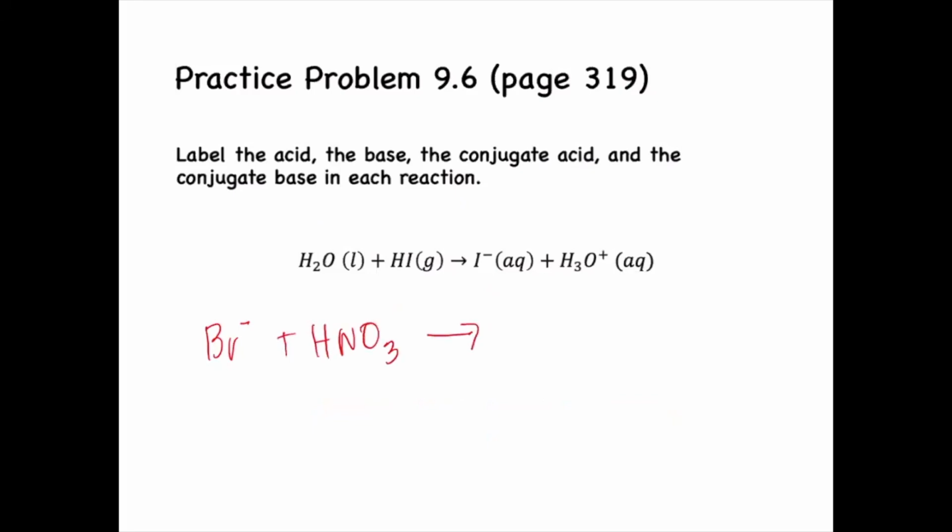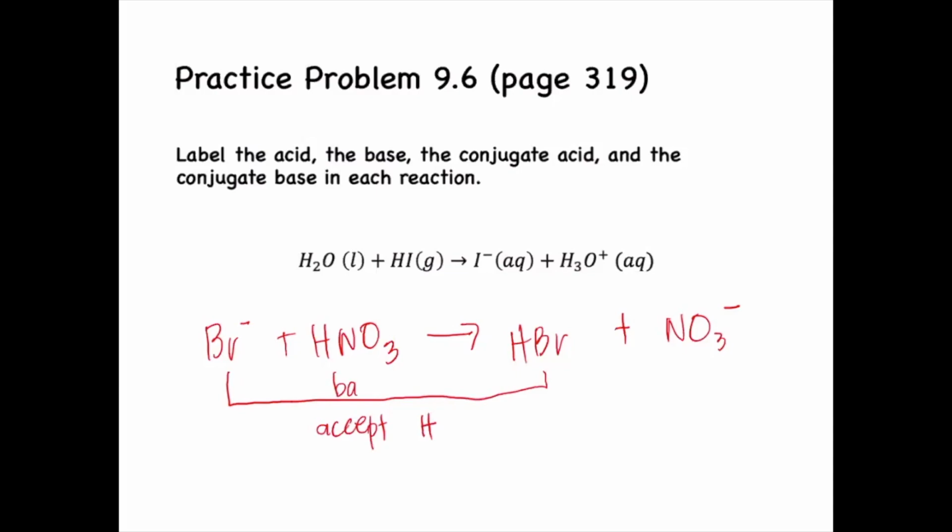So it will form HBr and nitrate ion. So in this case, you compare again yung Br negative sa reactant side tapos yung HBr sa product side. So siya ay nag-accept ng proton, therefore siya yung base. This is the base. Ano yung mabubuo ng base? Ito ay conjugate acid.